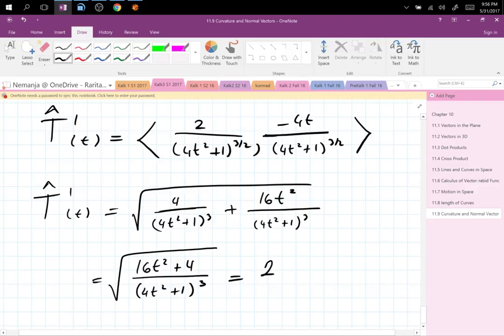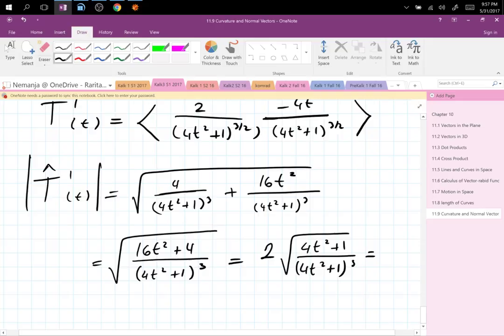Yes, Alex? Shouldn't there be an absolute value because you're solving for magnitude of T prime? Right here? Yeah. Sure, thank you. So when I kick out 4, it goes in front of the square root as 2. We're left with 4t squared plus 1 divided by (4t squared plus 1) cubed.